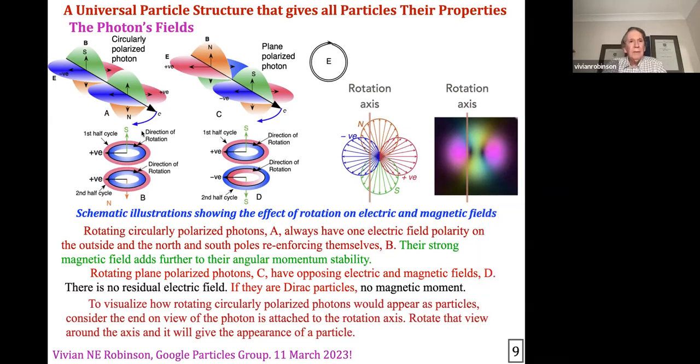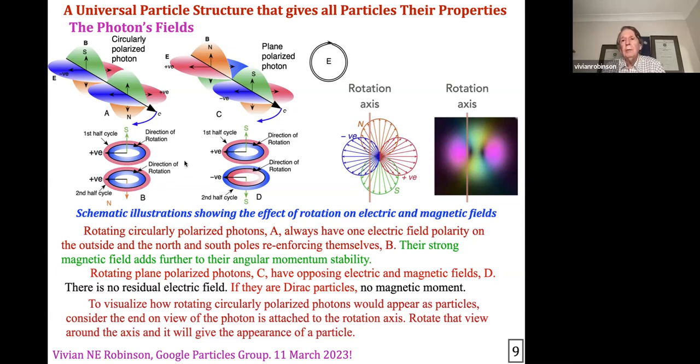When the photons are traveling linearly, the magnetic fields are open. When they are rotating twice per wavelength, the magnetic fields form a closed loop. I'll show you that a little bit more.